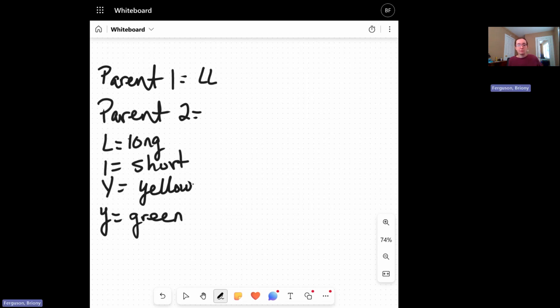We're just going to keep the same concept of the pea plants. We're going to have one parent that is homozygous dominant, then heterozygous, and then one that is homozygous recessive, and homozygous dominant.